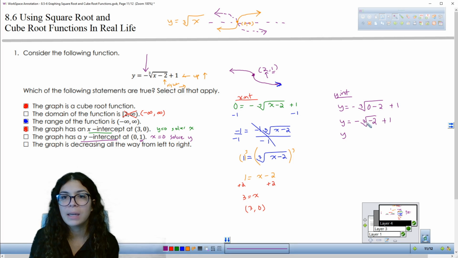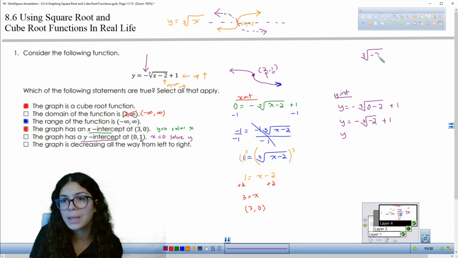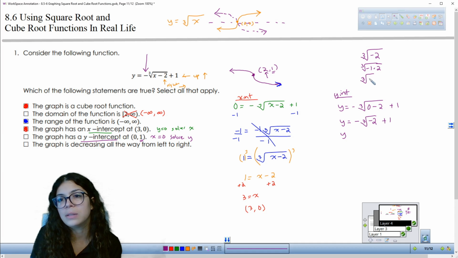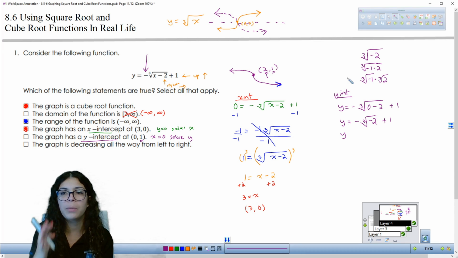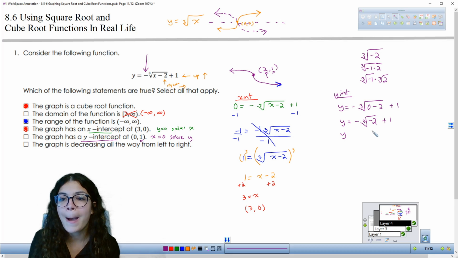If we bring out the negative, because the cube root of -1, if I break the cube root of -2 up into the cube root of -1 times 2, then I can split this into the cube root of -1 times the cube root of 2. You always want to bring out the negative. So that will be -1.